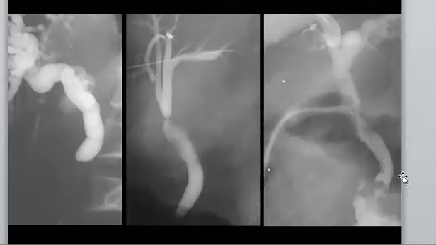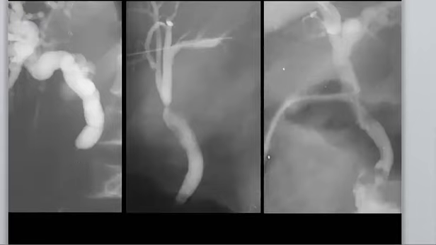And what do you think about this one? Is it benign or malignant? This one looks malignant because it is an abrupt change. It's not smooth. So it is going with more malignant.